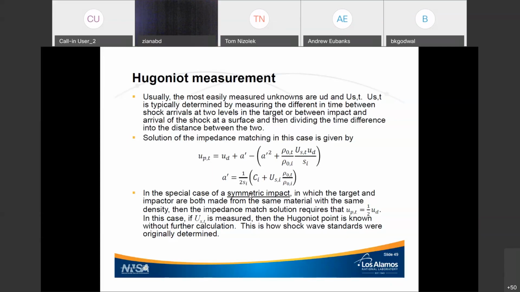If your target and your impactor are the same material with the same initial density, then impedance matching is going to require that the particle velocity has to be equal to 1/2 the impact velocity. And that way, if you know U_S, you don't have to use these equations. You already know the Hugoniot point without further calculation.